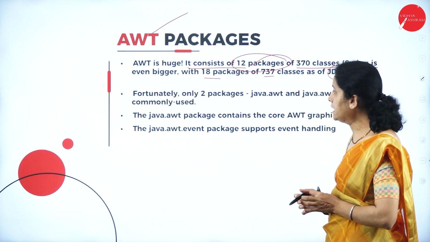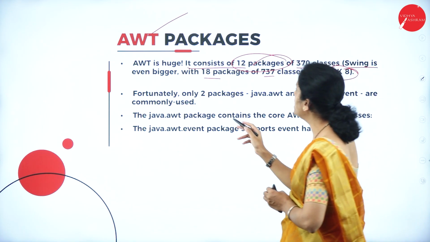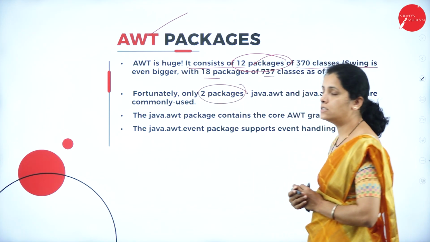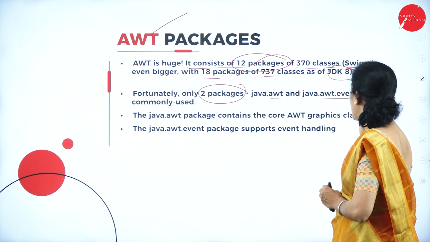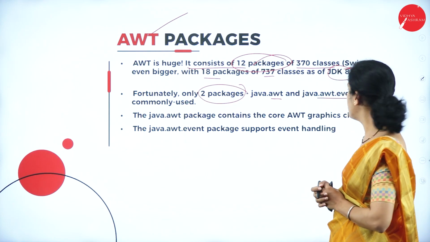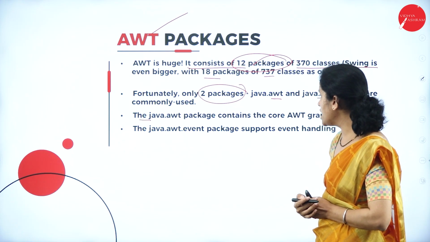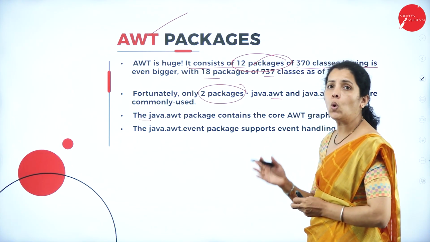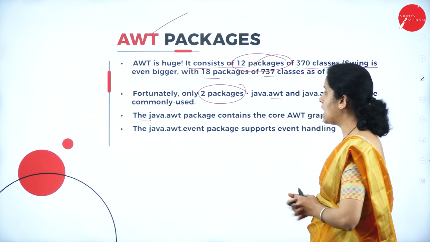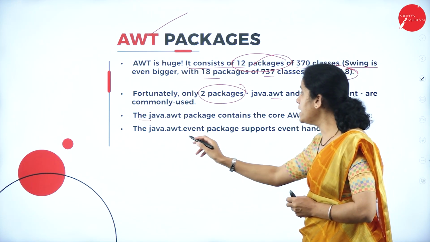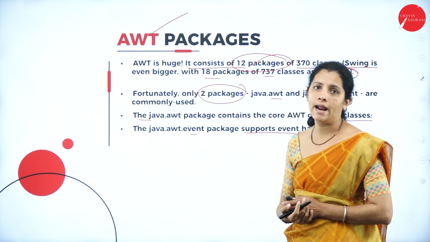But fortunately, out of all these packages, we are going to use only two packages, that is java.awt and java.awt.event. The java.awt is a package that contains the core Abstract Windows Toolkit graphics classes, and java.awt.event is a package that supports event handling.